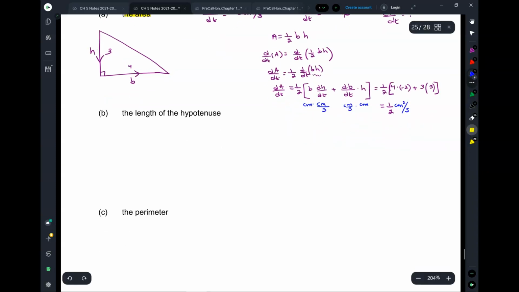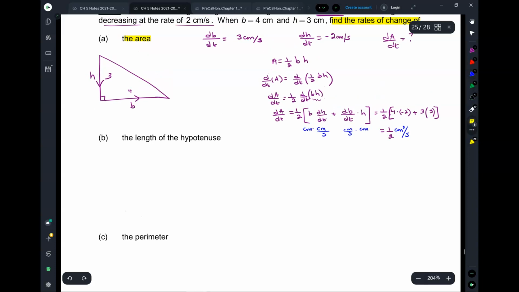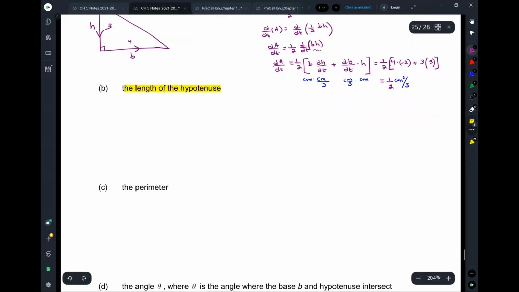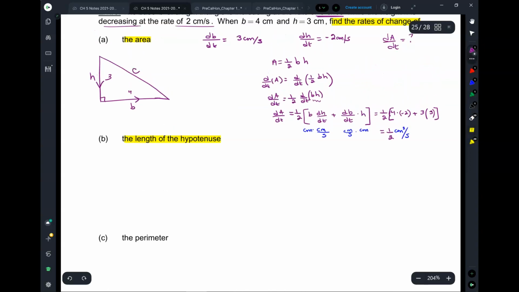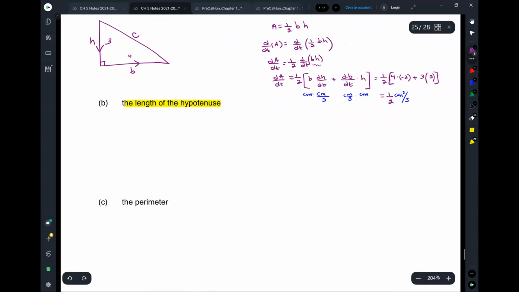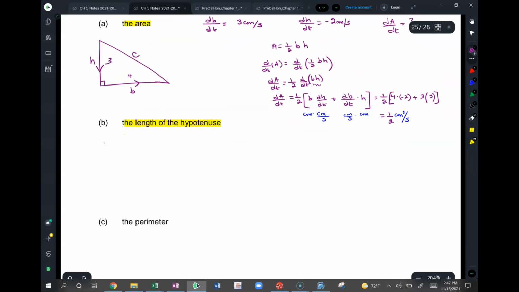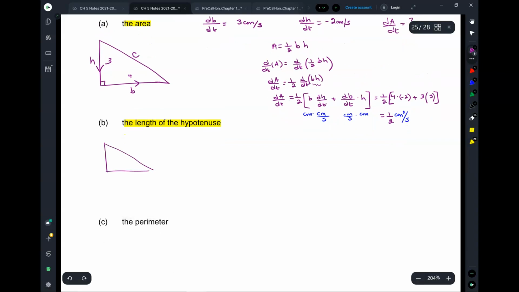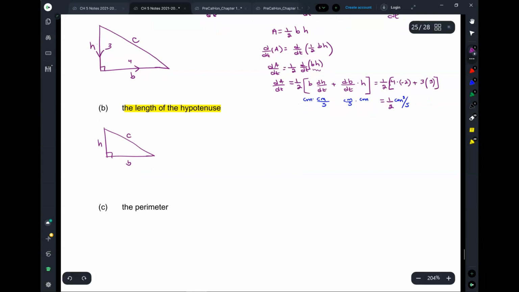Okay. Now, how is the length of the hypotenuse changing? So that's C, right? We're going to call it C. All right. Well, if I've got a base and a height and C, how are all three of those related? Pythagorean Theorem. So B squared plus H squared is equal to C squared. Okay?